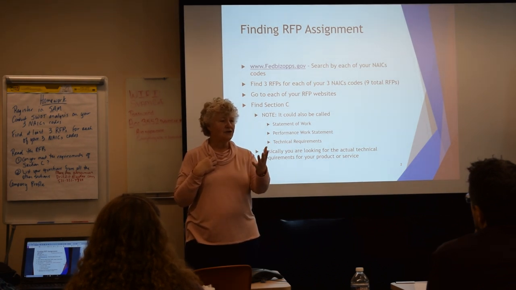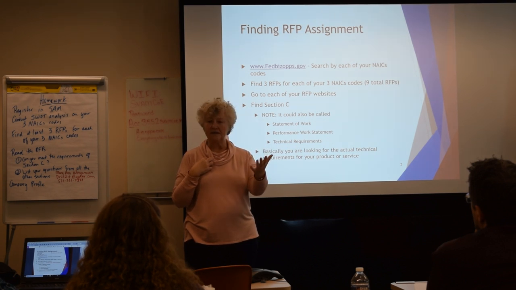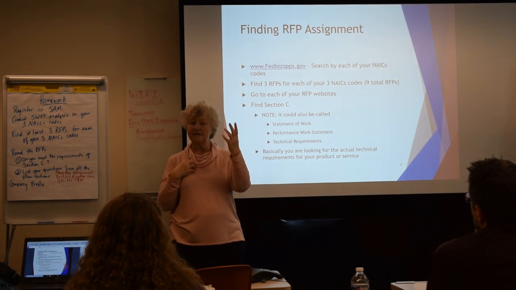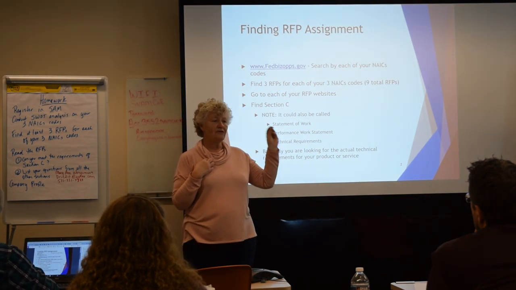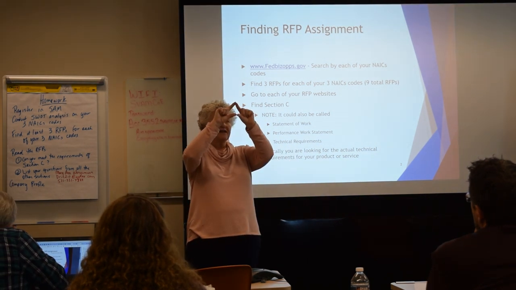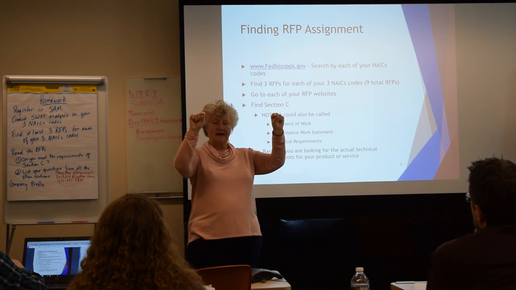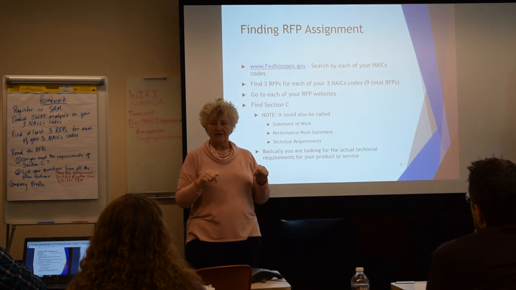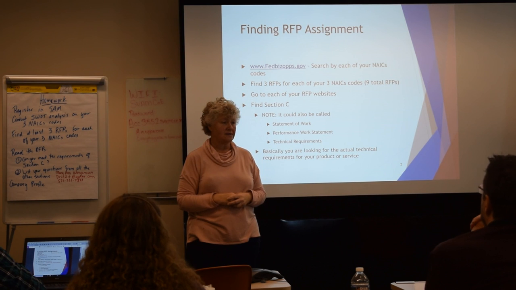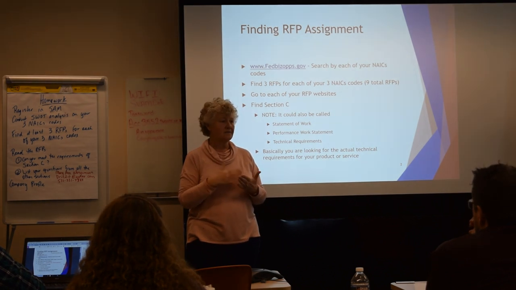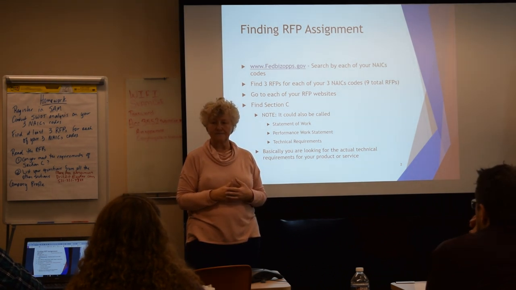So you have the opportunity to be as creative and innovative and price it the way you think would be best. So in a performance work statement, they just tell you the what that has to be done. They don't tell you the how. And your challenge is to provide whatever lighting solution you want as long as it meets the 60 lumens.